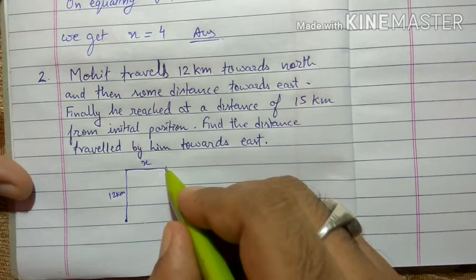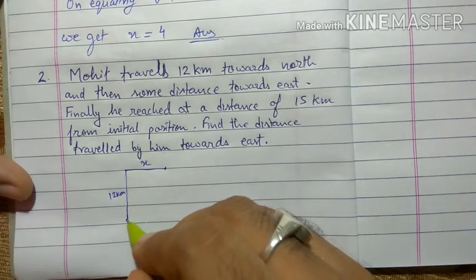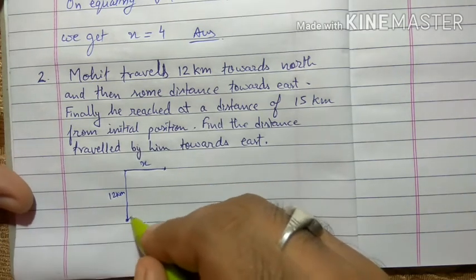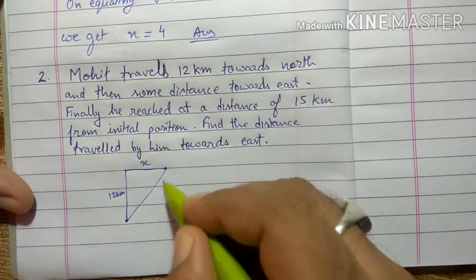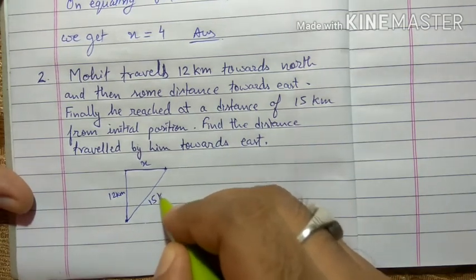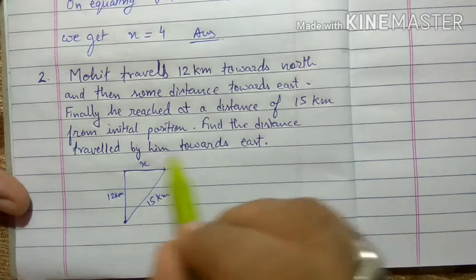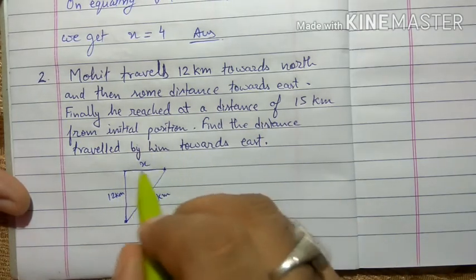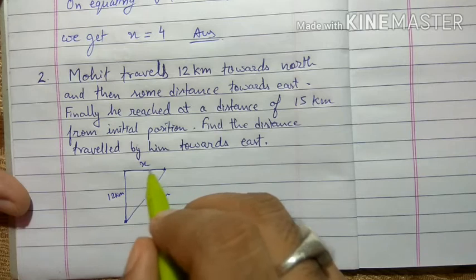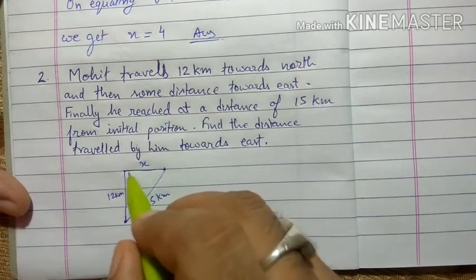Finally he reached at a distance of 15 km from initial position. This is the initial position and the distance from this point to this point is 15 km. So we should find out the distance traveled by him towards east. So this distance we have to find out, x.